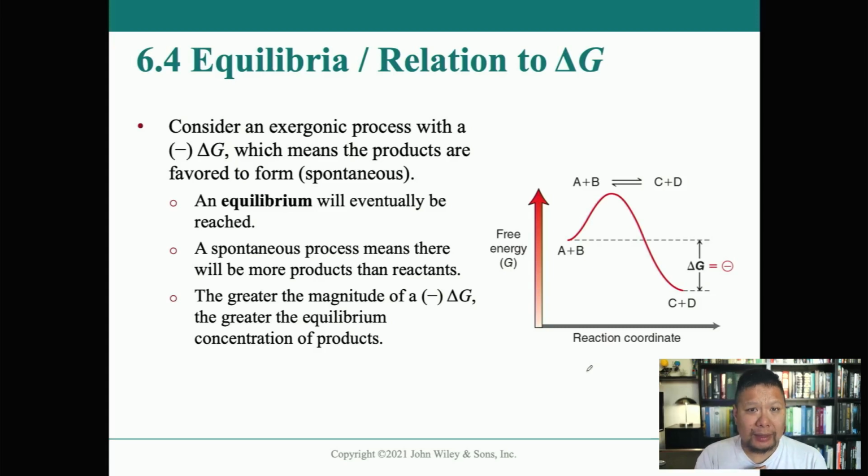And so you'll get to a point where the rate of the forward reaction, making products, will be the same as going backwards and making the reactants again. That point is called the equilibrium point.